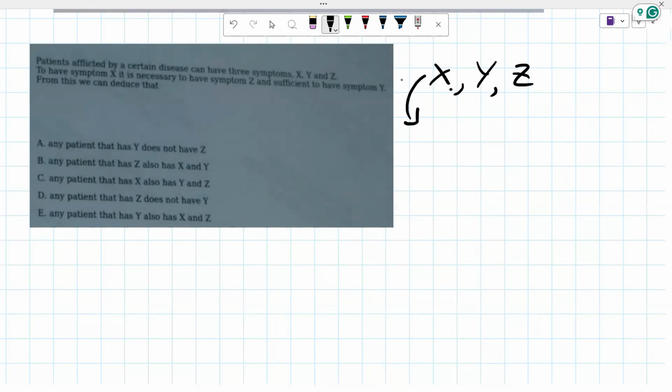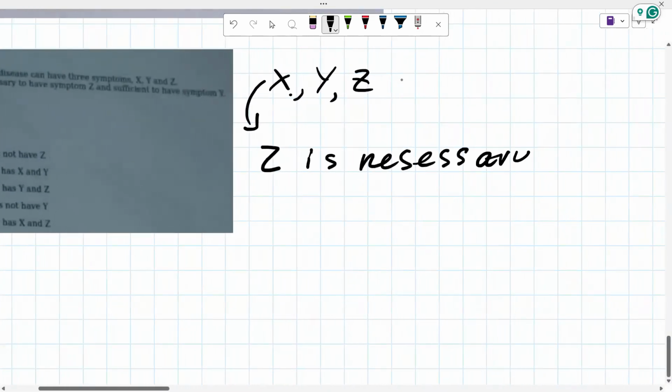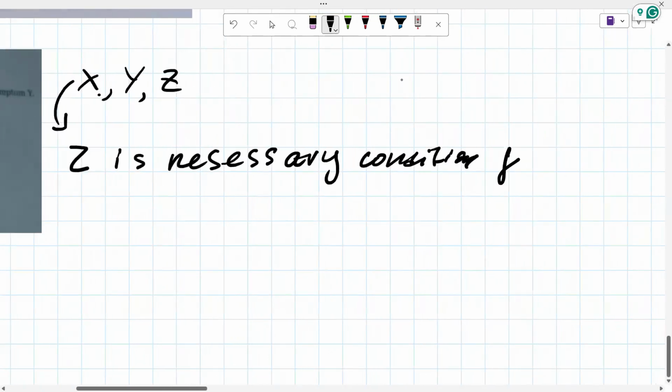We can assume that Z is a necessary condition for X.